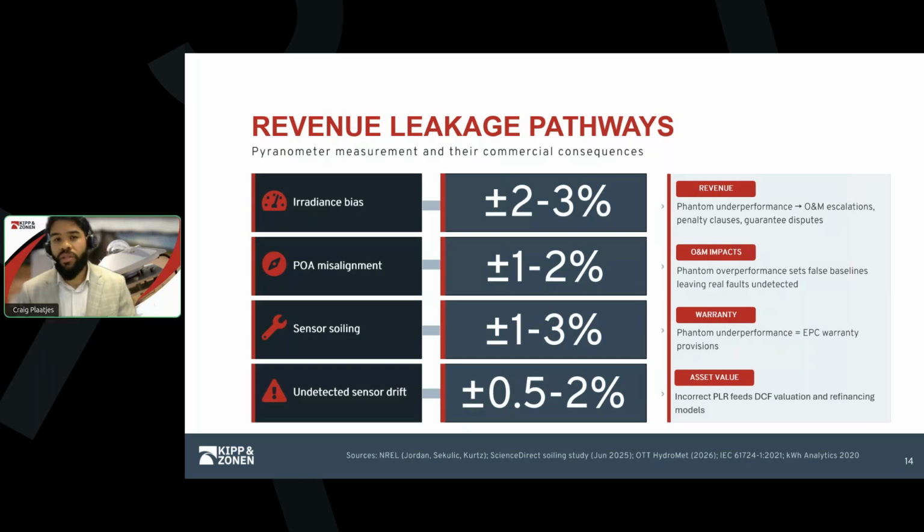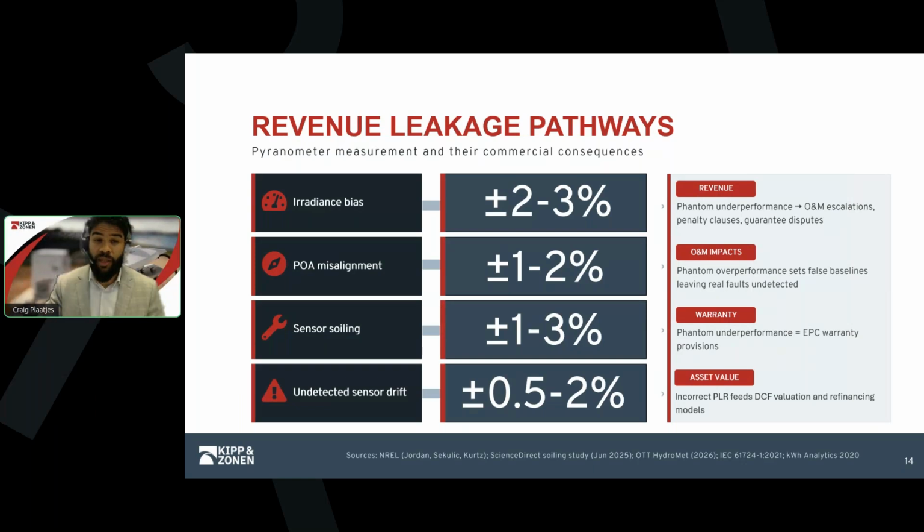The first being the inherent bias in the pyranometer measurement, which is the measurement uncertainty built into the pyranometer under real operating conditions. To be clear, this is not a failure of the instrument. This is just the reality of measuring solar radiation in varying atmospheric conditions. But this is the baseline from which all other errors compound.